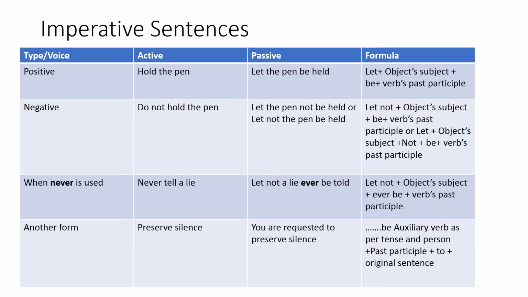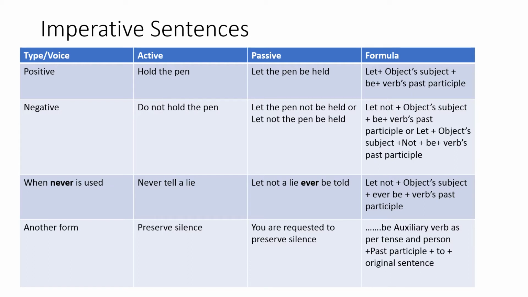According to the formula, "let" should come first, then the object, here "the pen," then comes the be verb, "be," then the main verb "hold" in its past participle, that's "held." So the correct sentence is "Let the pen be held." So you'll have to put everything as per the formula, then the rest of the things will fit in place.